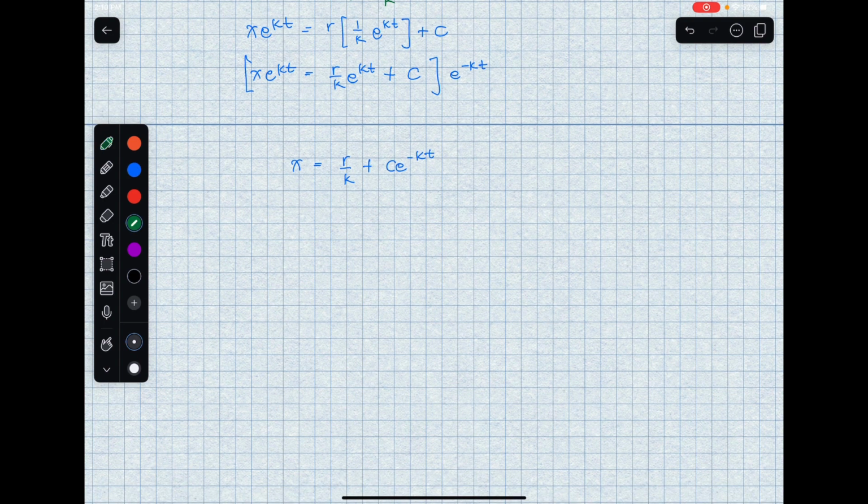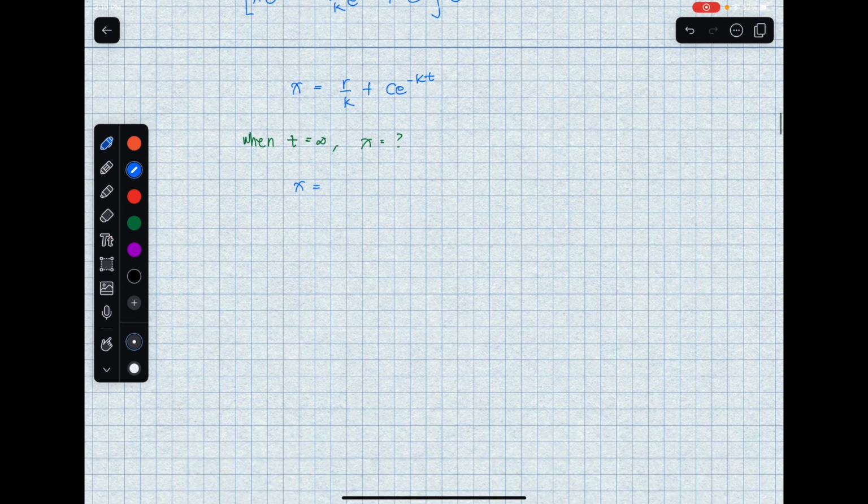And then, what's the limiting value of x? To get the limiting value of x when time is infinity, we just simply substitute. x then is equals to r over k plus c e raised to negative k times infinity.